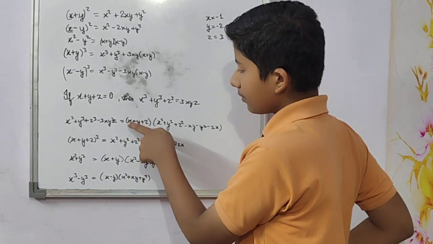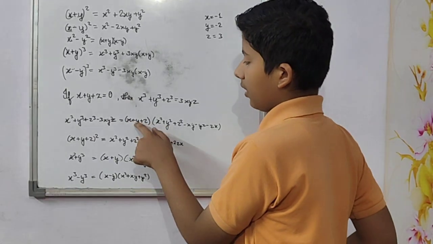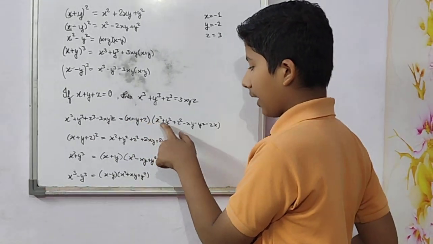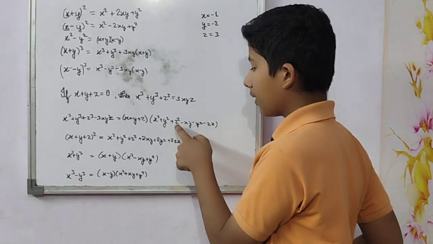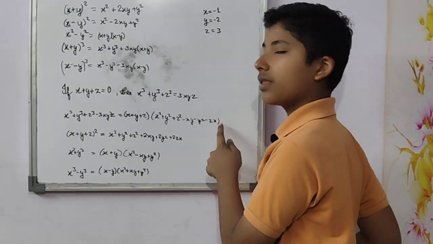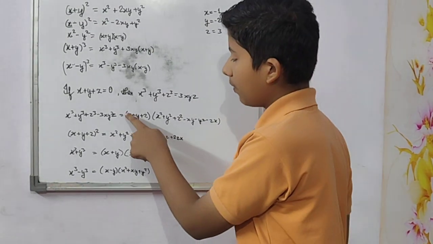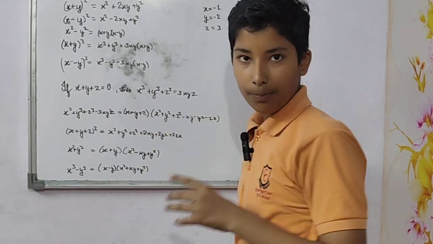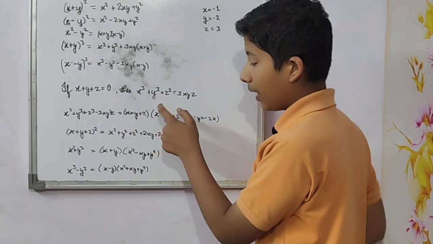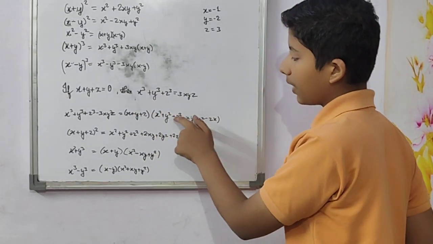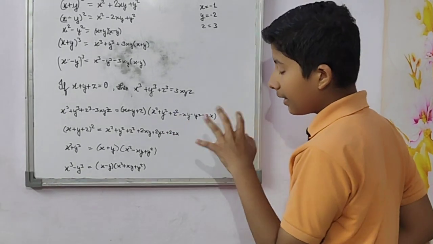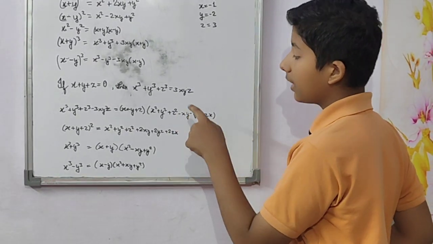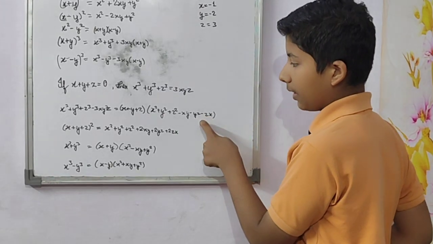Now let's come to our next identity, x cube plus y cube plus z cube minus 3xyz equals (x plus y plus z) multiplied by (x square plus y square plus z square minus xy minus yz minus zx). Firstly x plus y plus z in a bracket, we close it, multiplied by the squares of these, minus xy minus yz minus zx.